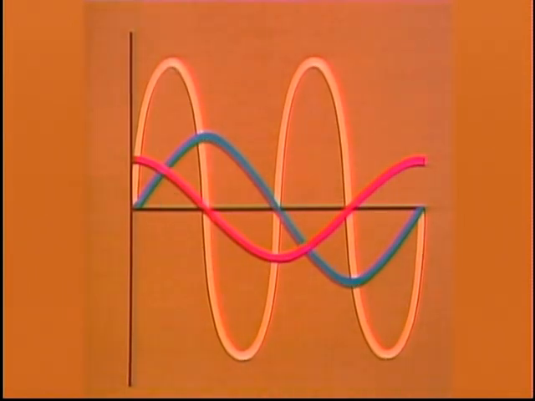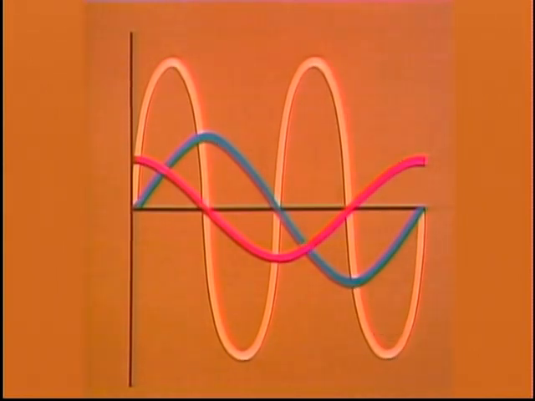Then in the second quarter, current is negative and voltage is positive, so power is negative. At the start of the second half of the cycle, both current and voltage are negative, making power positive again. And finally, during the last quarter of the cycle, current is positive, voltage is negative, and power is negative.